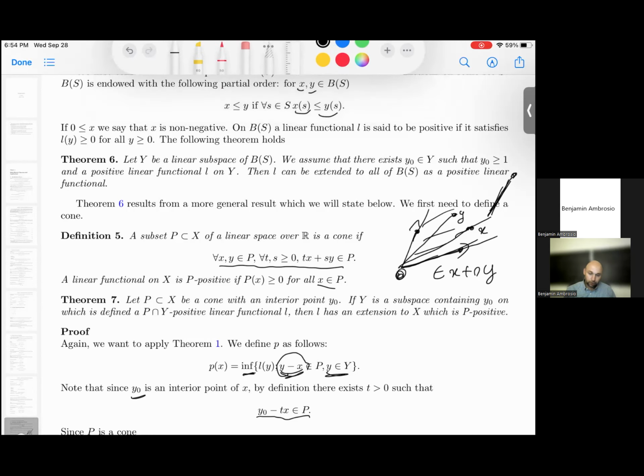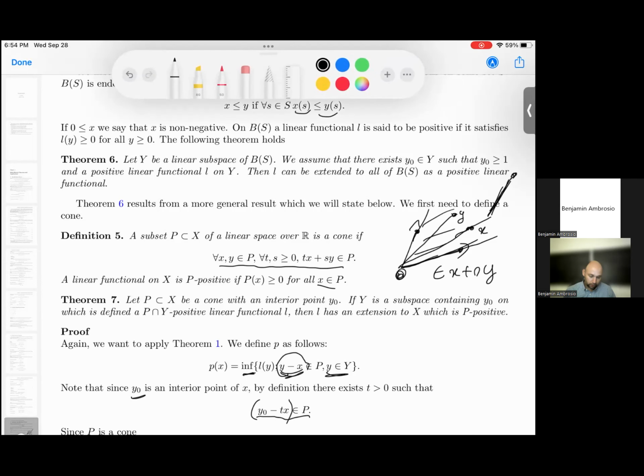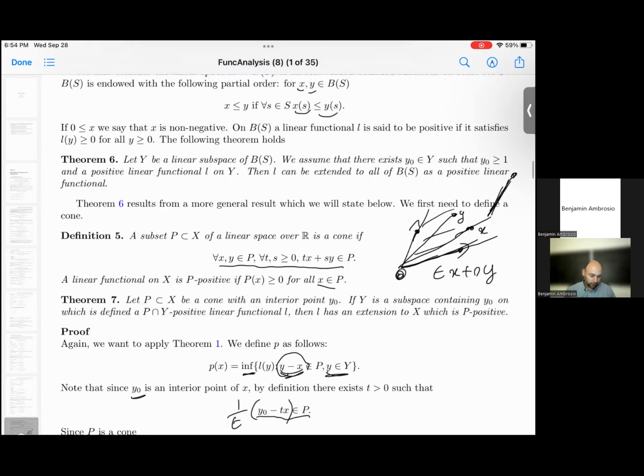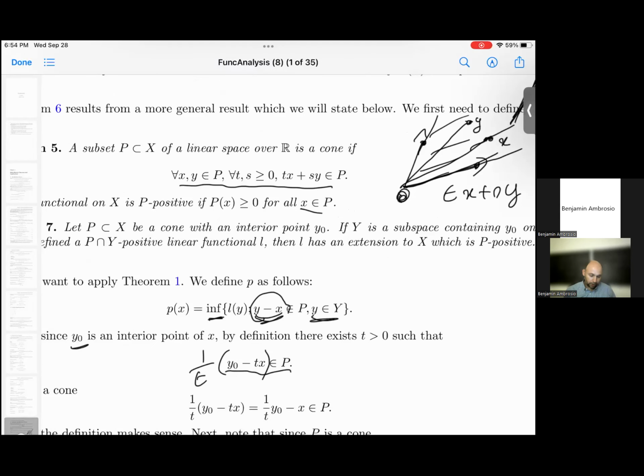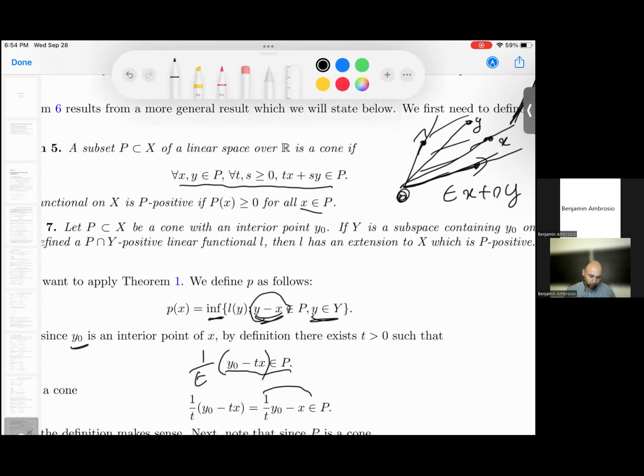Now, next, since P is a cone, you can multiply that by 1 divided by t, and it will remain in P. But now it's good because now I have this form, which is right here.